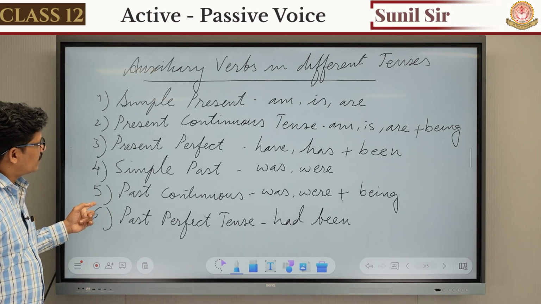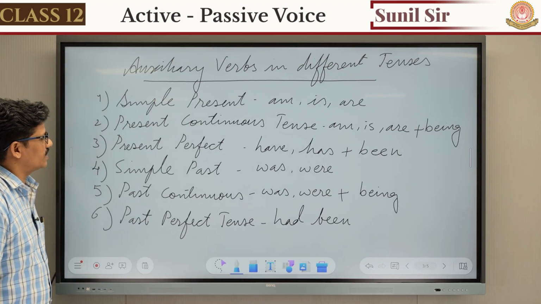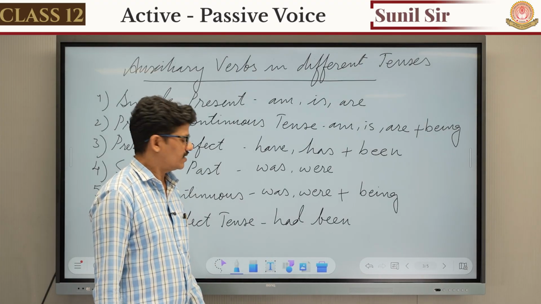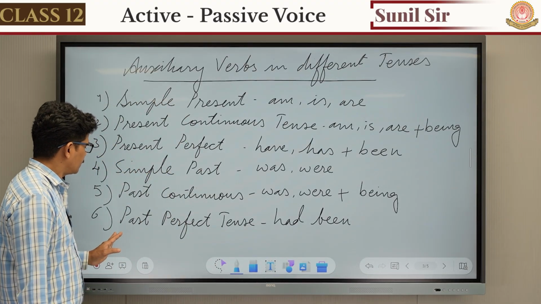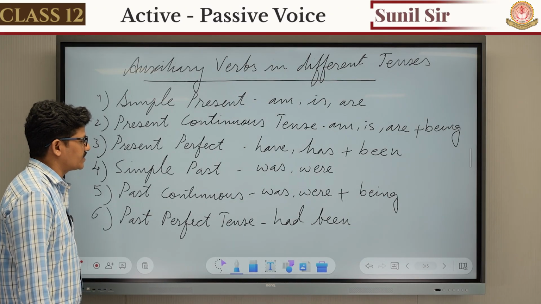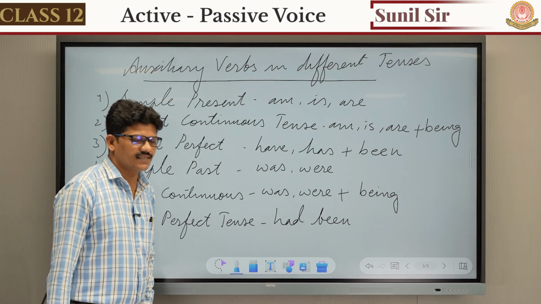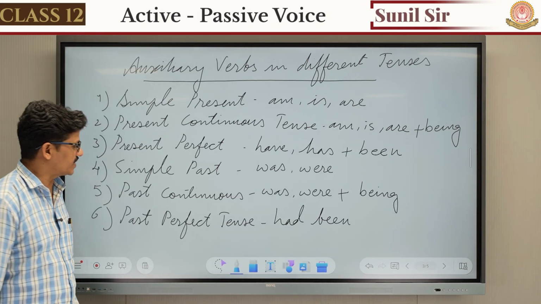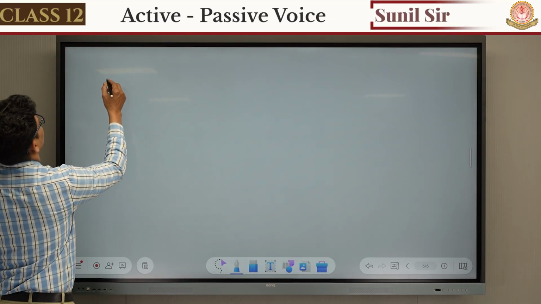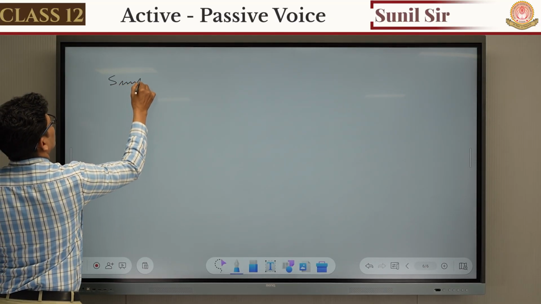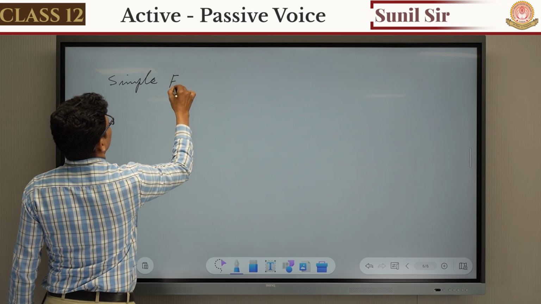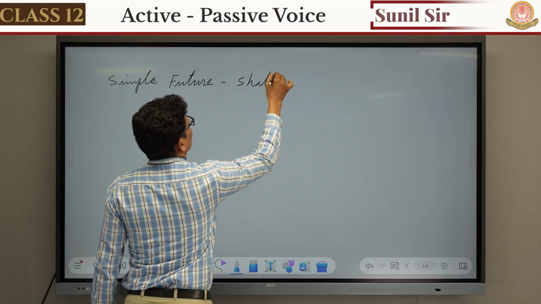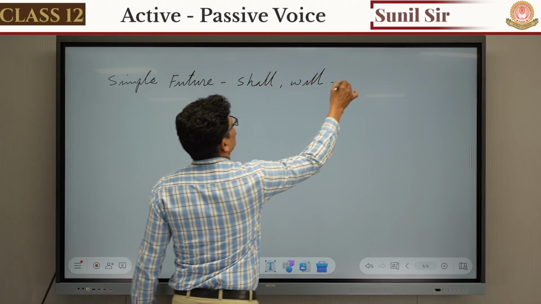Next, if the active voice sentence is past continuous tense, in passive voice, it will take was or were plus being. Then last, past perfect tense. If the active voice sentence is past perfect tense, it will take had been helping verb in passive voice. If it is simple future tense, it will take shall or will plus be.